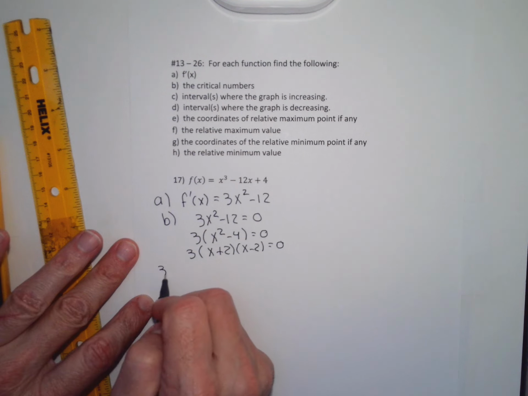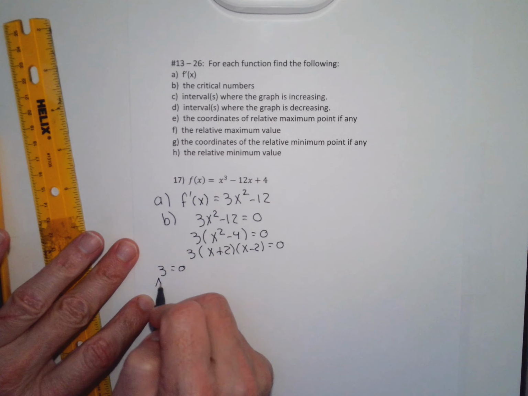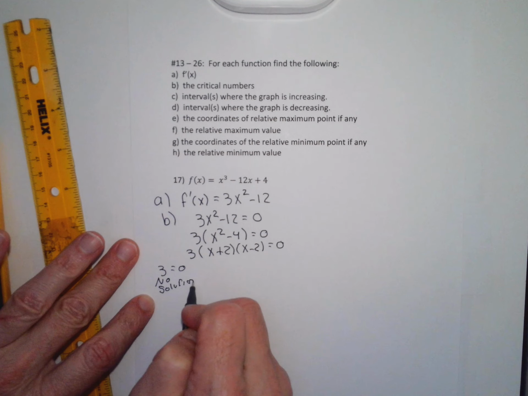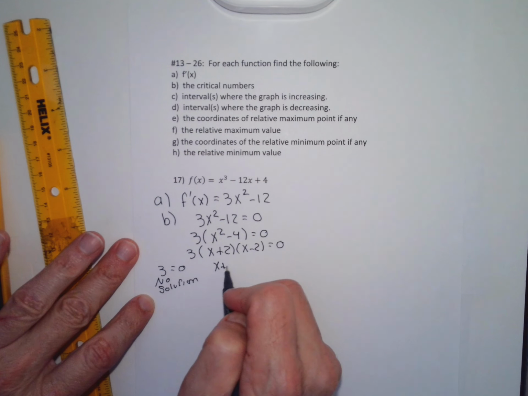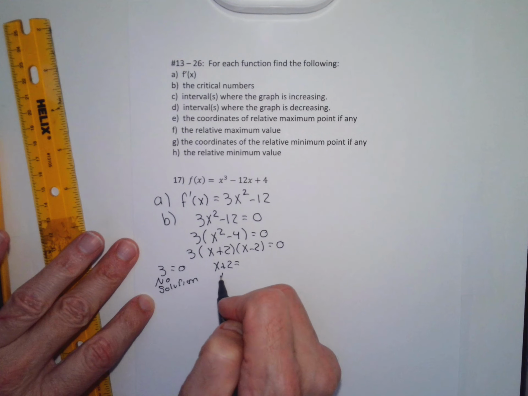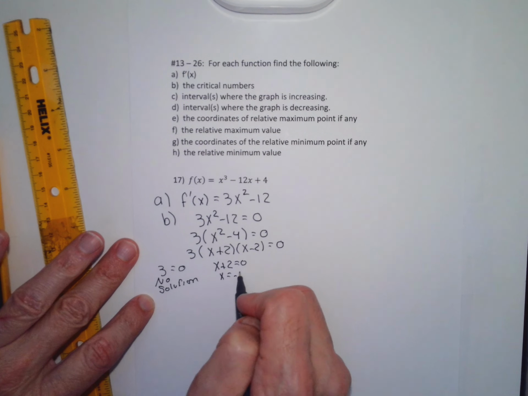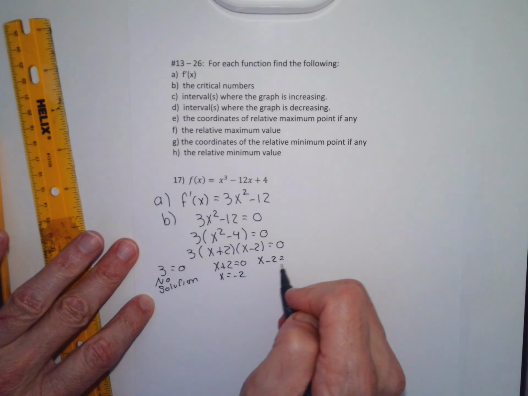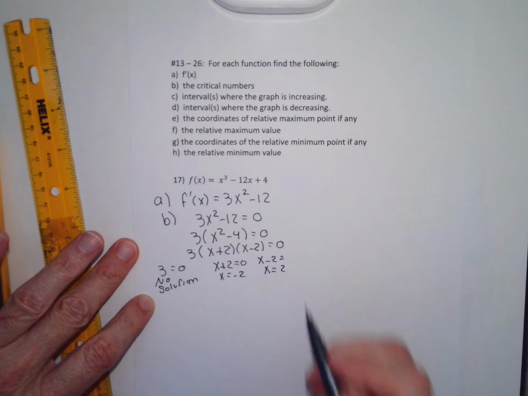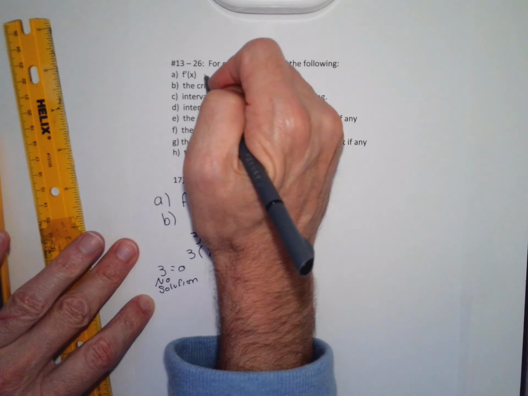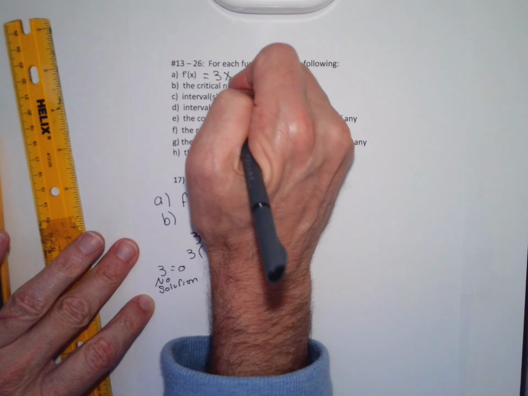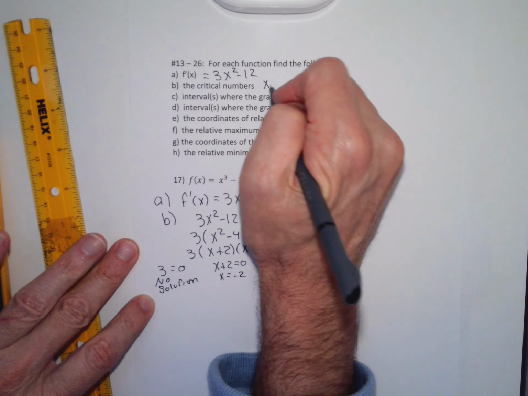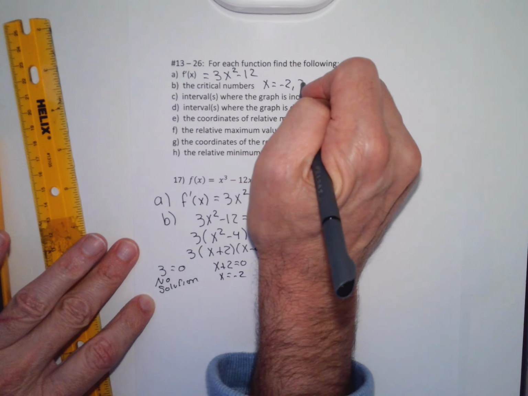I can set each of the factors equal to 0. The first factor, because it doesn't have a variable, doesn't give a solution. For the middle factor, if I subtract 2 from both sides, it will give me a critical number of -2. And for the last factor, if I add 2 to both sides, it'll give me a critical number of 2. So in terms of my answers, part A, the derivative is 3x squared minus 12. Part B, the critical numbers are -2 and +2.